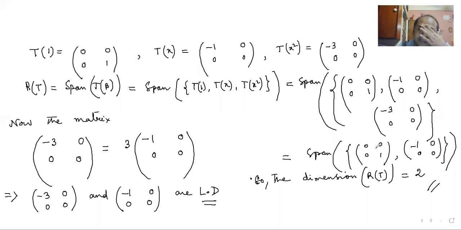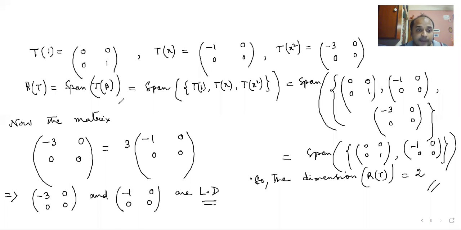There is a formula in the previous chapter that if a particular set S spans the vector space V, then span of S equals V, S becomes a basis, and the dimension of V is the number of elements present in the basis.